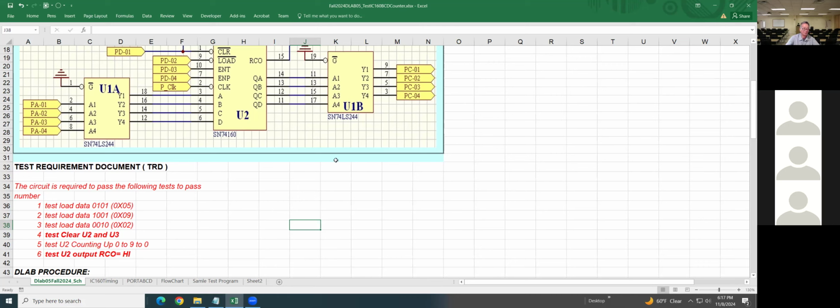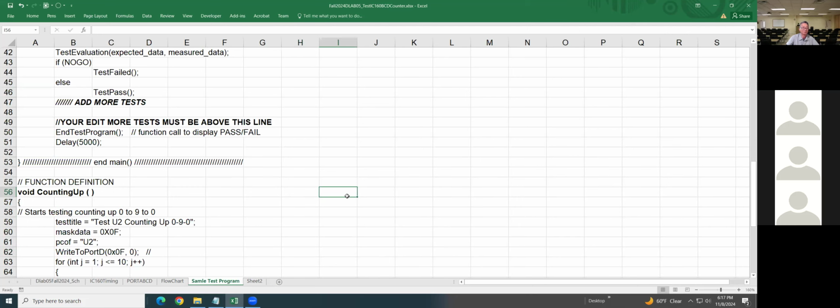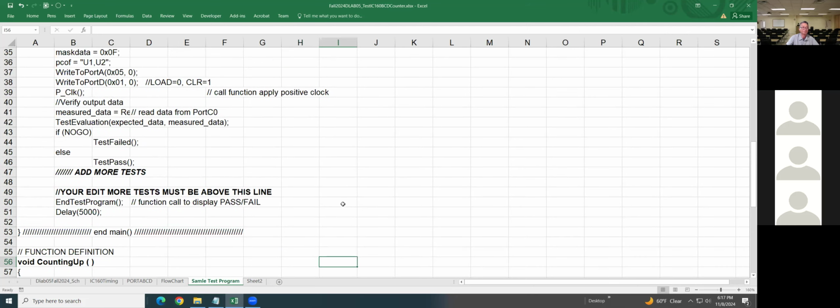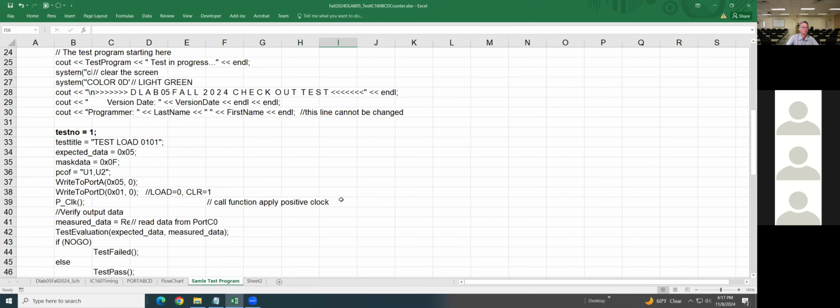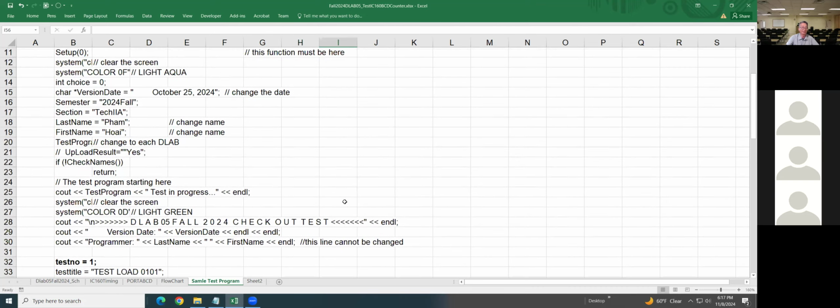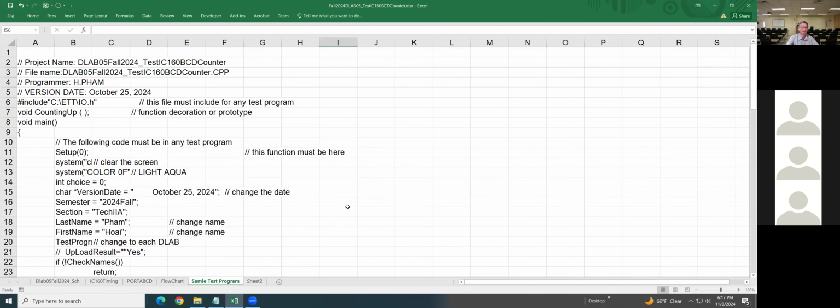Okay, now next I'm talking about the program. Normally, when you write your program, the first thing is you create a new project and name everything.